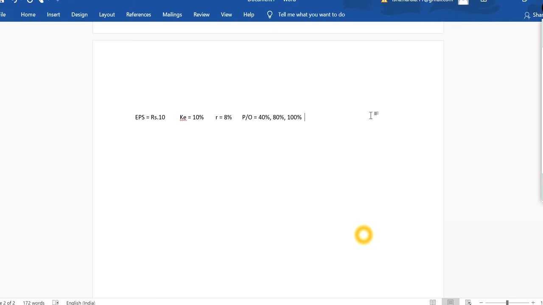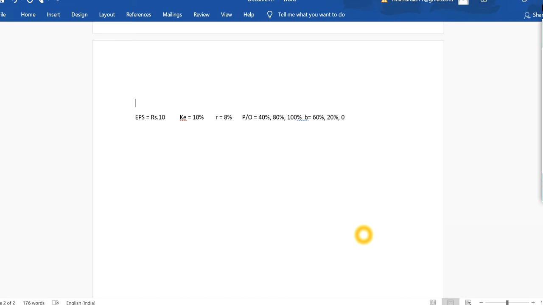If payout is 40%, then retention is 60%. If payout is 80%, retention is 20%. And if payout is 100%, retention is 0. So now let's move forward with the question.